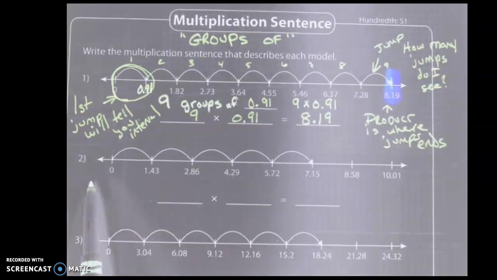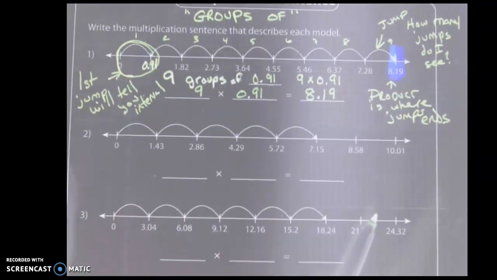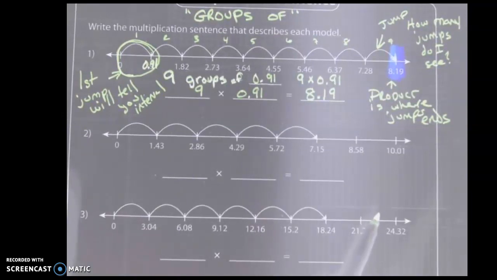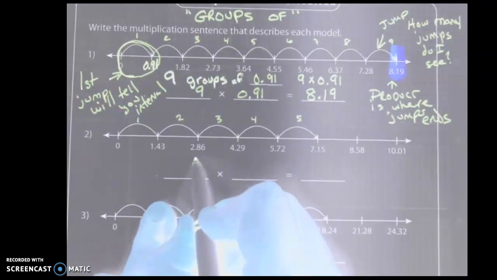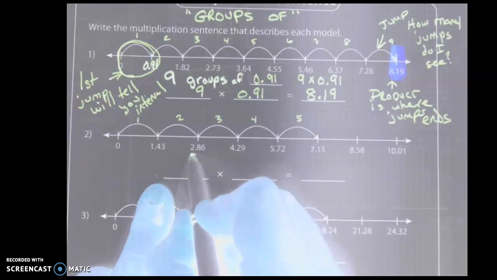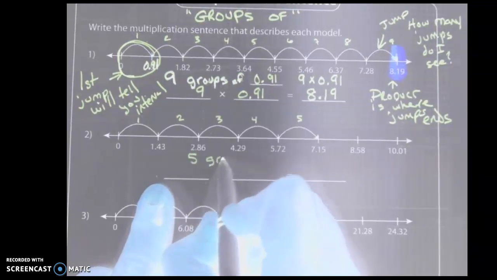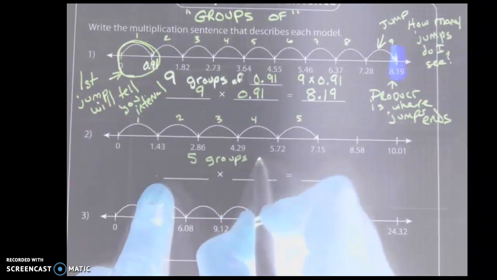All right, so let's take a look at number 2. I want you to count to yourself and find out how many jumps there are. And then I want you to record, just like we did underneath. How many jumps are there, Tyler? 5. Good. 5 groups. We're going to write it in word form first.